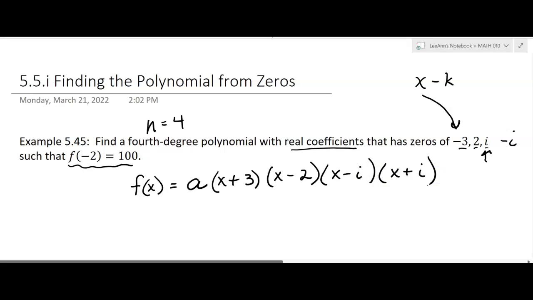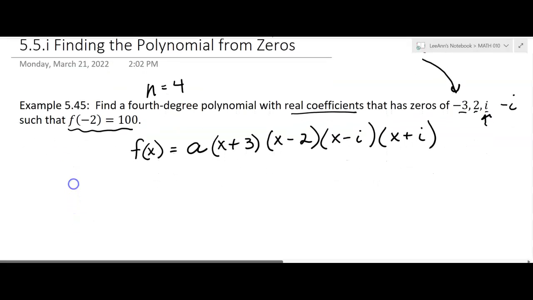I'm going to multiply these two factors here because I know I'm going to be able to get rid of the i, the imaginary part.